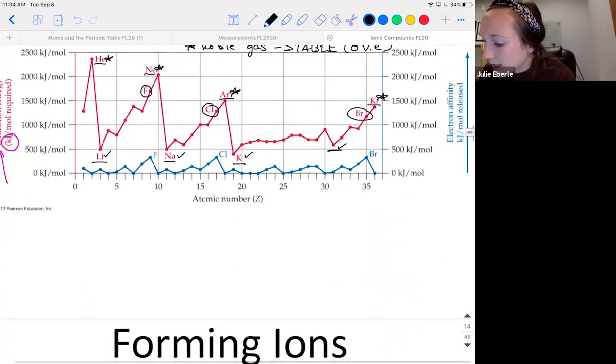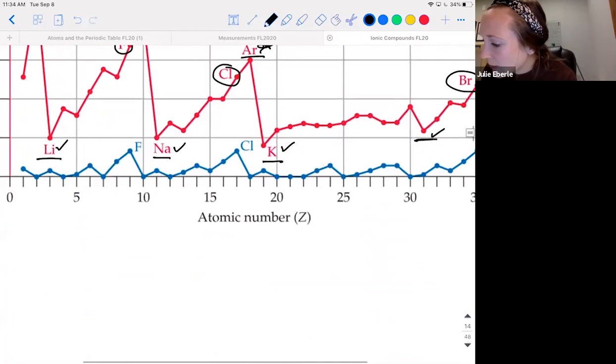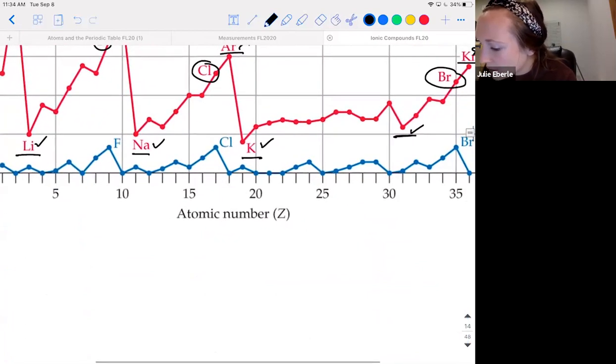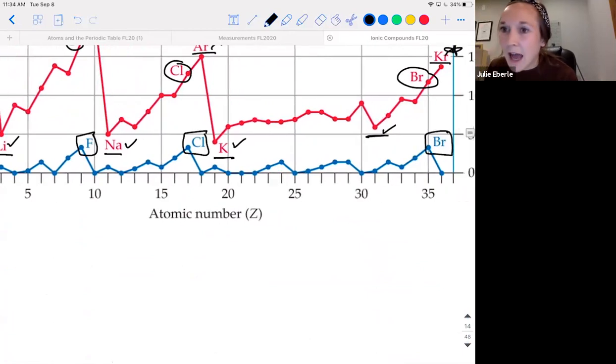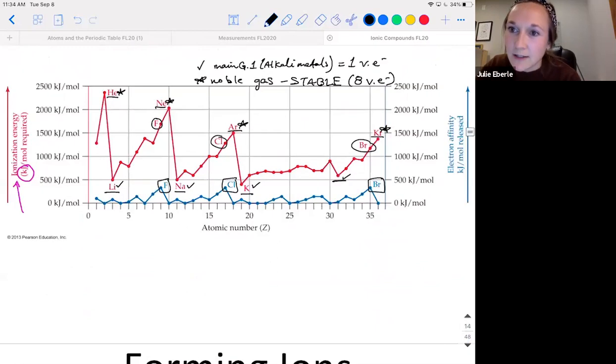And now if you look at these, the only things that are labeled on this graph, I'm going to circle them, is fluorine, chlorine, and bromine. They have the highest electron affinities.